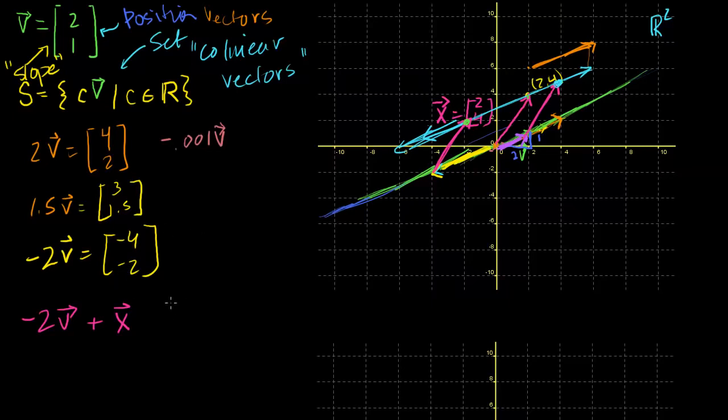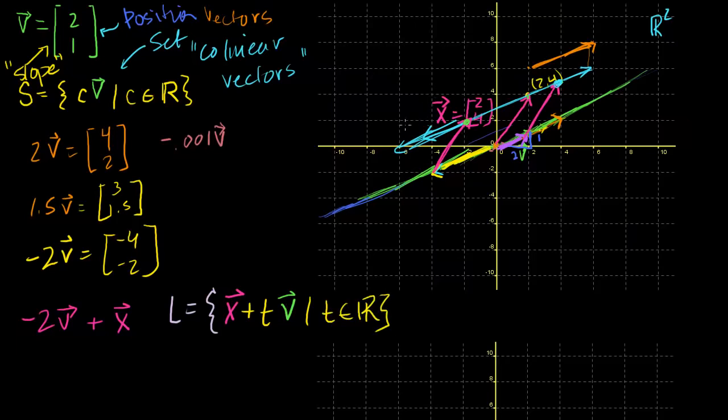Let me define a set L, maybe L for line, that's equal to the set of all vectors x, the vector x, plus some scalar, I could use c, but let me use t because I'm going to call this a parametrization of the line, so plus some scalar t times my vector v, such that t could be any member of the real numbers.